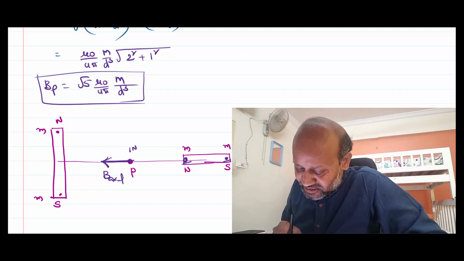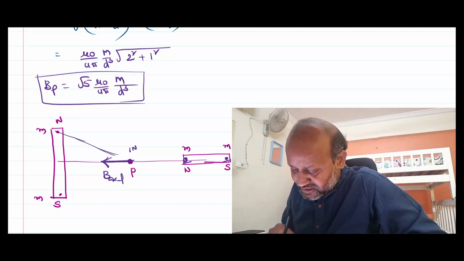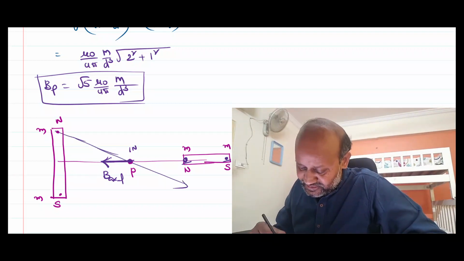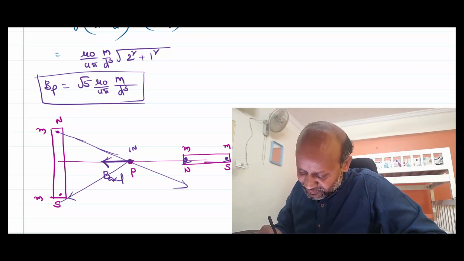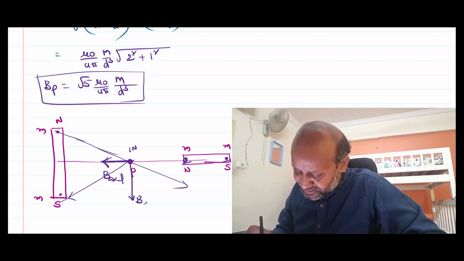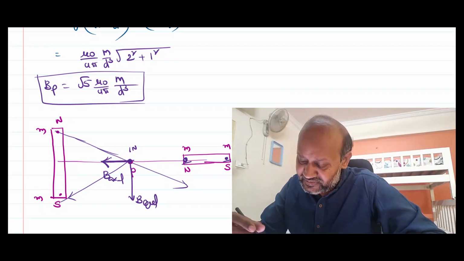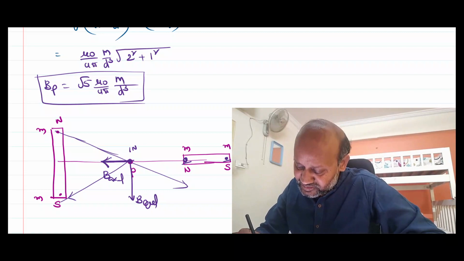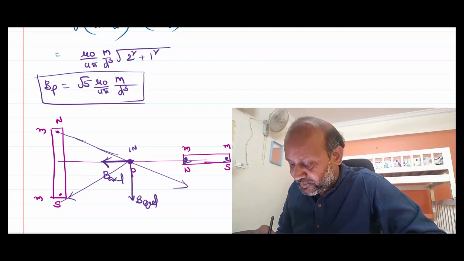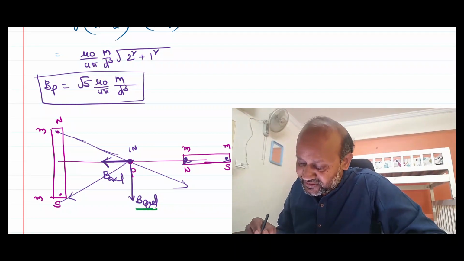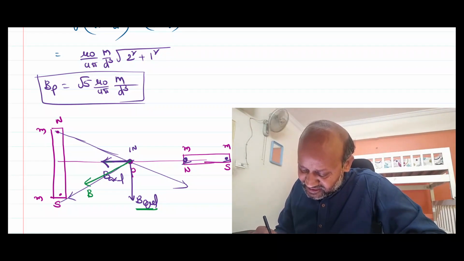Similarly, this north pole applies a repulsion and this south pole applies an attraction. This is the direction of B resultant, B equatorial, like the previous case itself. Where is the resultant of those two? Somewhere in between, but it won't be exactly in between because B axial is a little dominating. So it will move a little towards B axial. That is B resultant, or B at the point P.